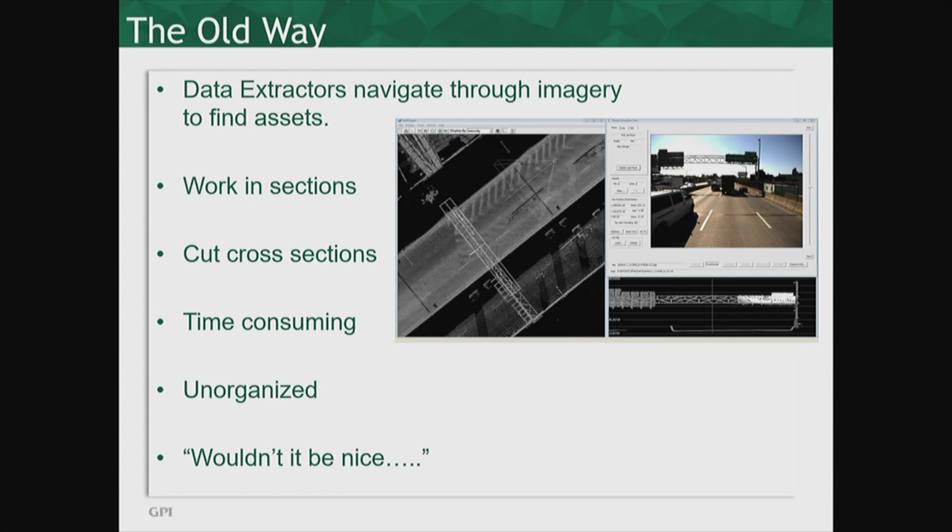If you're extracting traffic signs, you find a sign, draw a cross section, and bring up a profile view, which is down here, and use that to measure. It works, but it's incredibly inefficient. So we wanted to figure out if we can do this like street view on steroids. Can we fly through the LiDAR and virtually drive down the road?